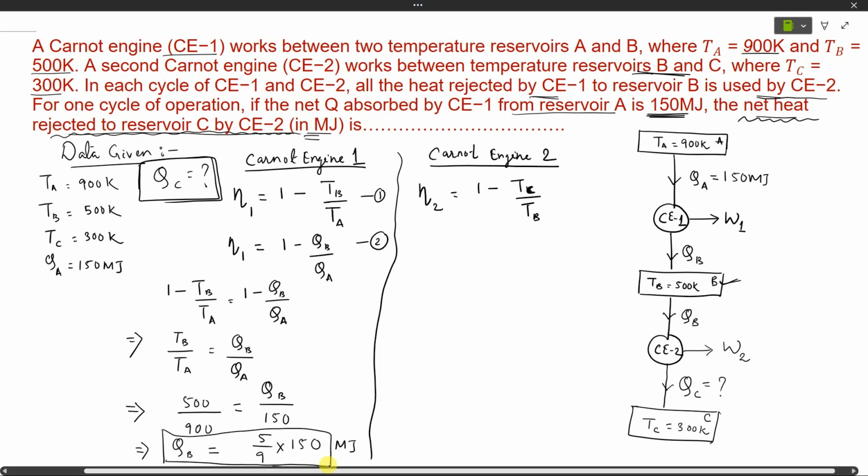Or we can also write the efficiency of Carnot engine as 1 minus QC by QB. If you compare these two expressions, let's say this is equation 3 and equation 4, so 1 minus TC by TB equal to 1 minus QC by QB. If we rewrite this expression, TC by TB is equal to QC by QB.